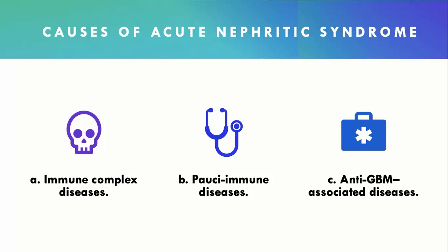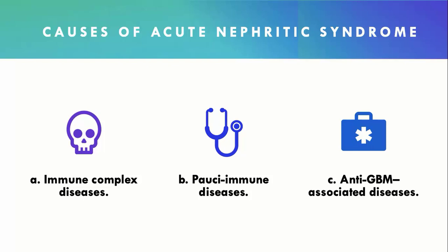The third form is the anti-glomerular basement membrane associated disease. There is an antibody that recognizes the glomerular basement membrane as a foreign body and reacts to it, causing destruction of the basement membrane.